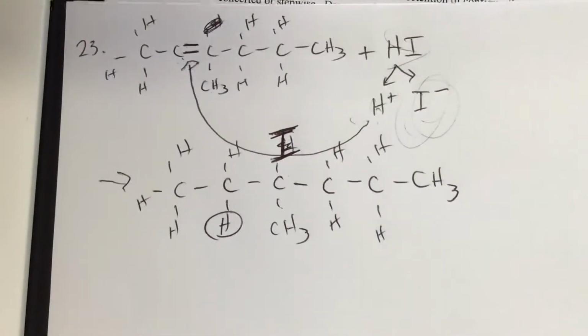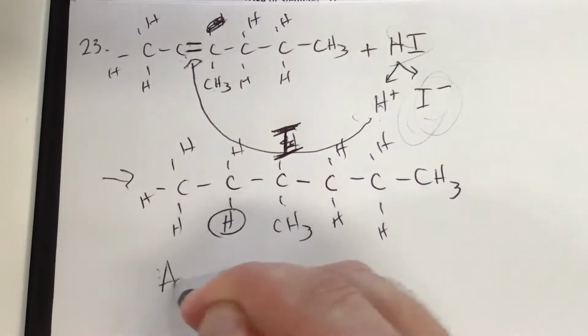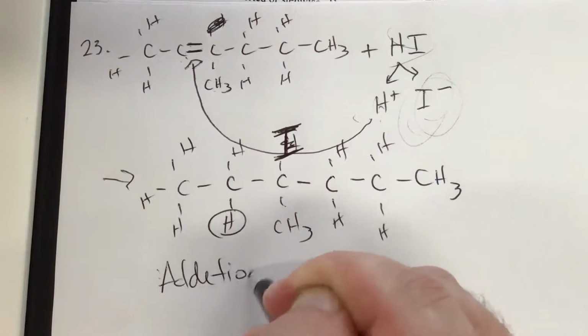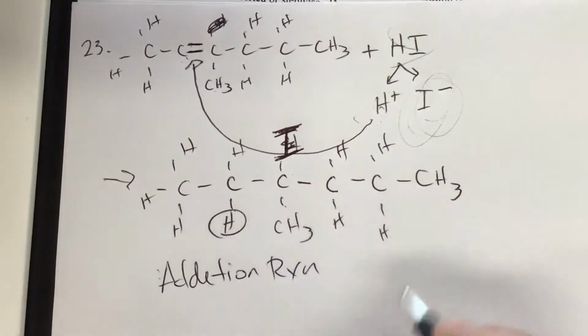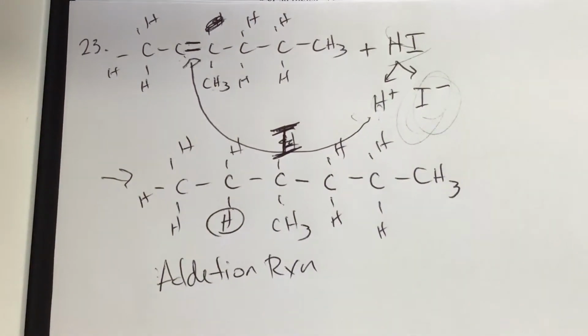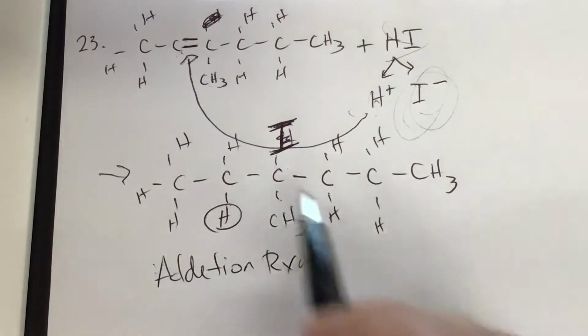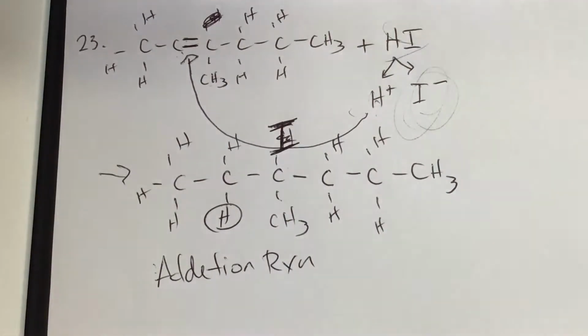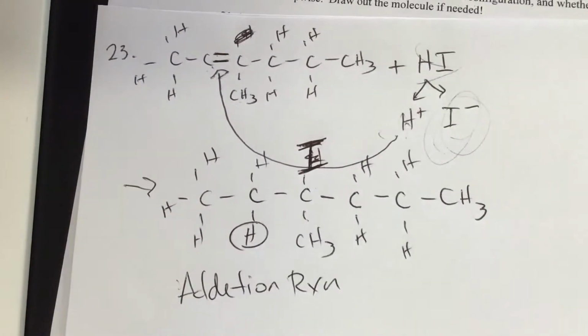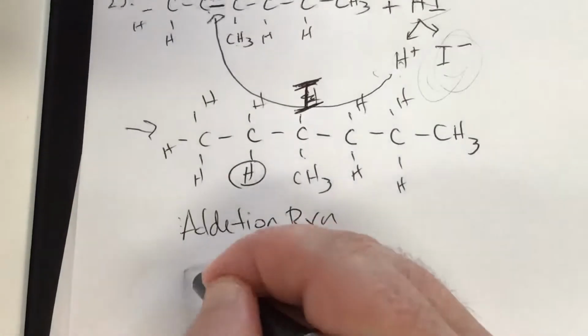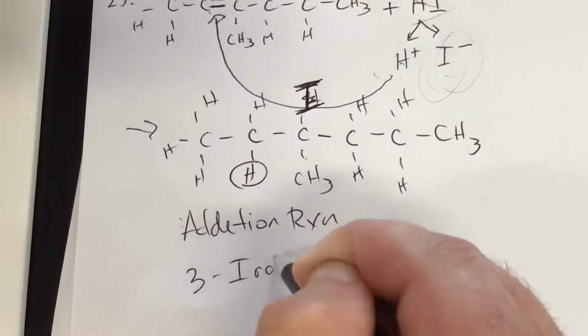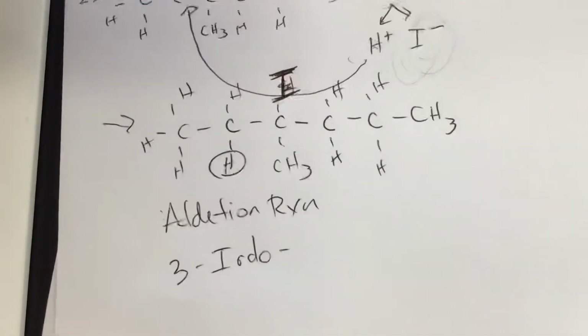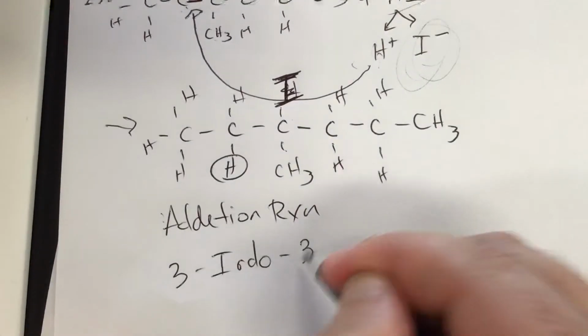So again, this is an addition reaction. It follows Markovnikov's rule. And what does it make? It makes 3-iodo-3-methylhexane, if we were to label it.